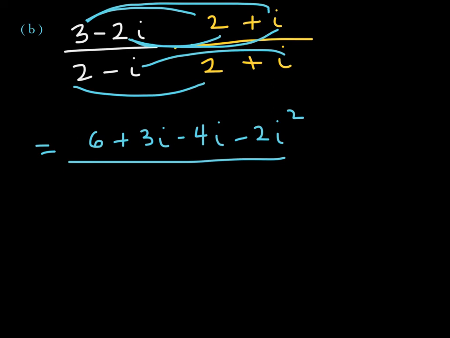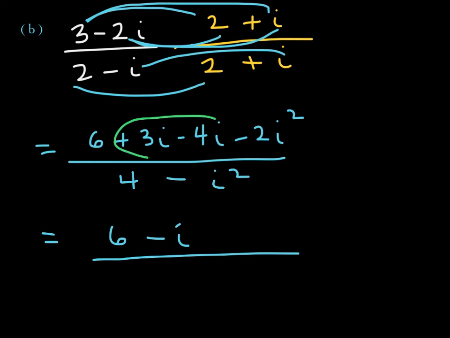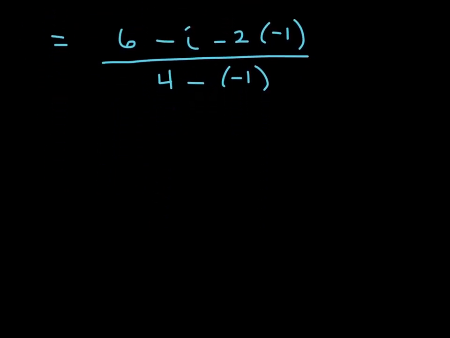All right, so anyway, 2 times 2 is 4, and then negative i times positive i is negative i squared. All right, so then in the numerator, you end up with 6 minus 1i. I got minus 1i by combining these two like terms. And then minus 2 times negative 1. The denominator, 4 minus negative 1, because i squared is negative 1.